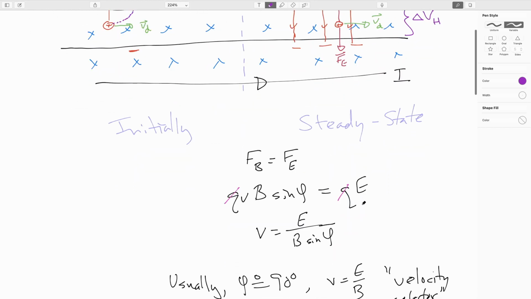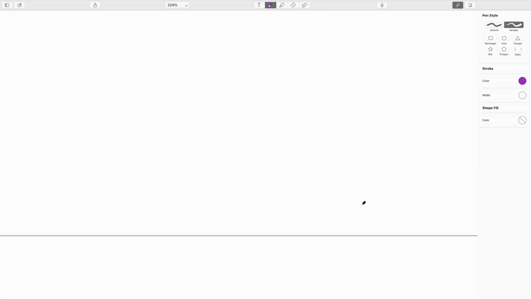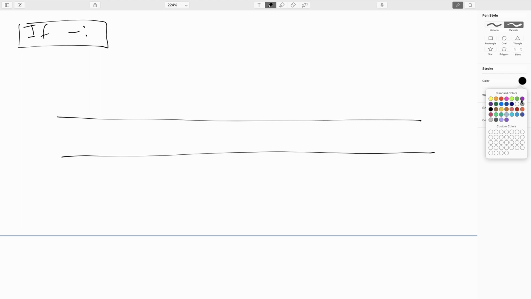Now we can repeat this entire process for the case where our mobile charge carrier is negative. So again, we will have our conductive strip here. Now, instead of, say, this being a nerve cell, it might just be a strip of copper. So again, same deal.